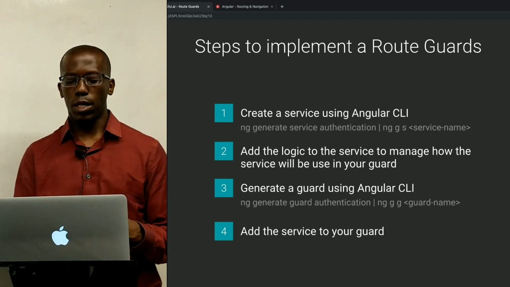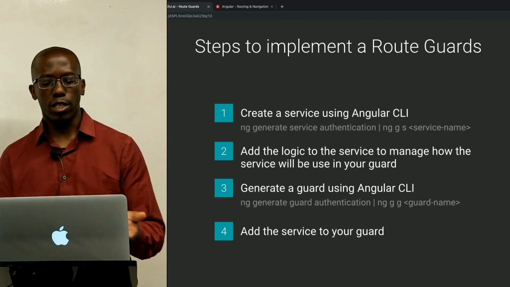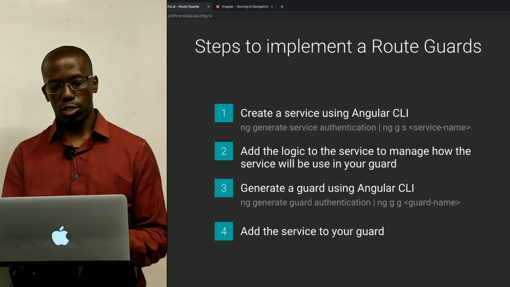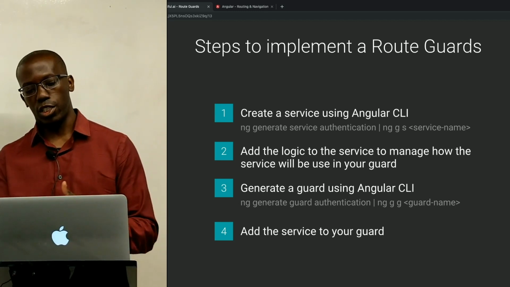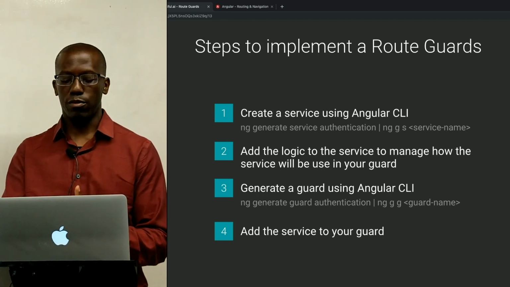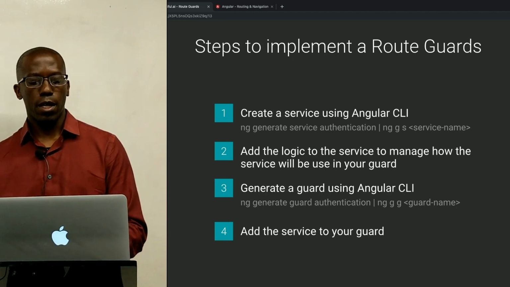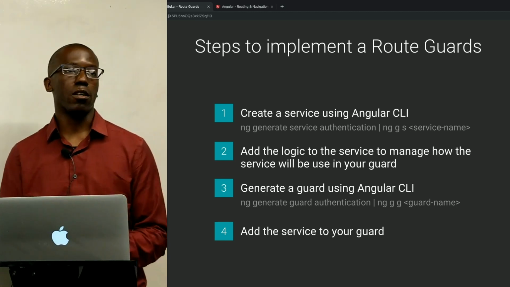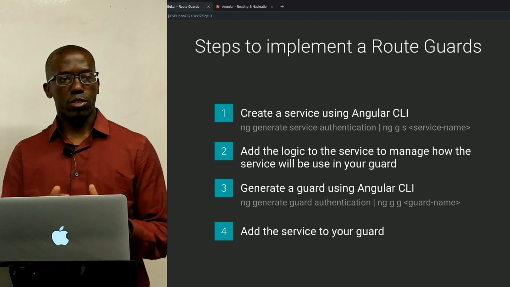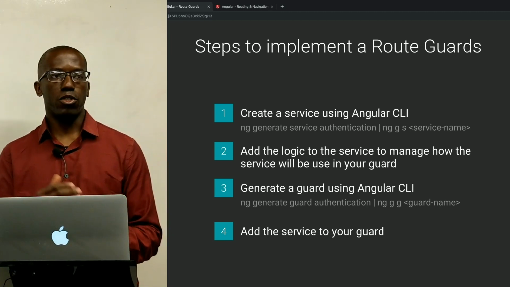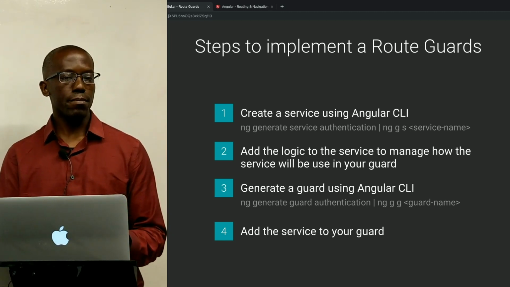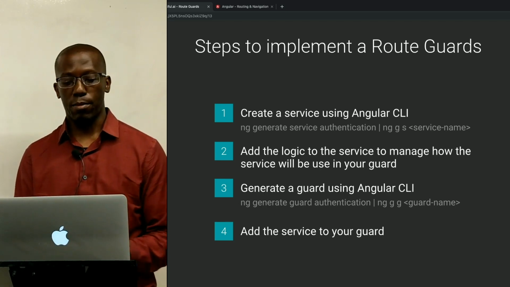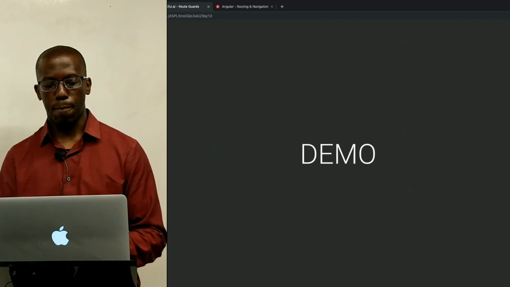Then you generate the guard using ng g guard and the guard name, and then you add the service to the guard. This is a way to get up and running. Within minutes, you'll have route guards implemented in your application in no time flat.